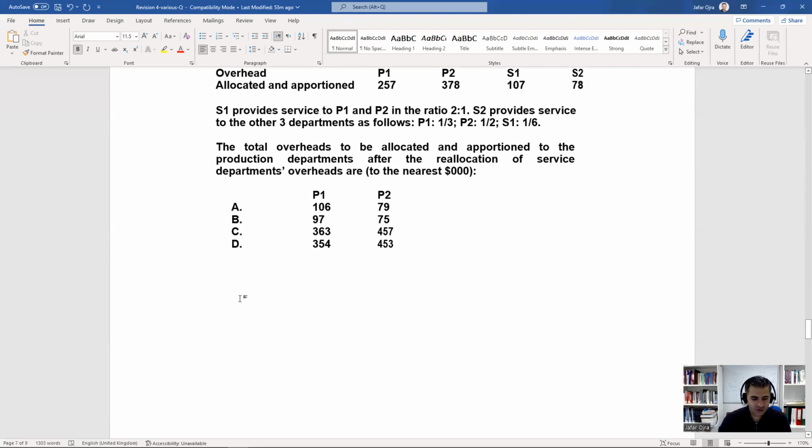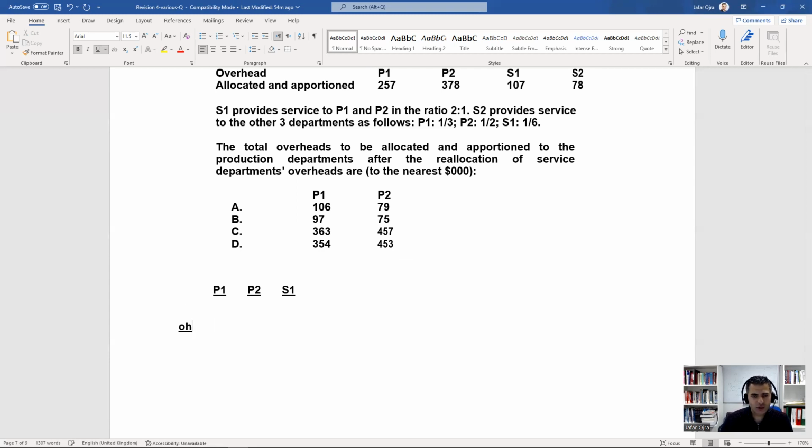So what we need to do here: that's P1, that's P2, and that is S1. Good.